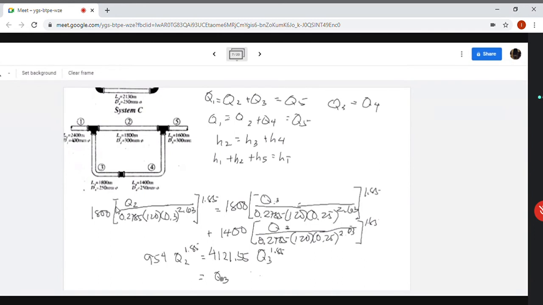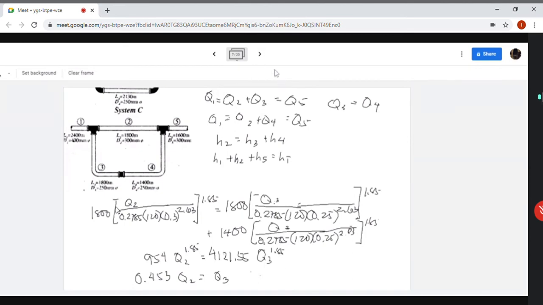So 954 divided by 4121.55. Then the truth. So 0.453 Q2. Okay, so Q2 is equal to Q3 at 0.453. So now we substitute here.